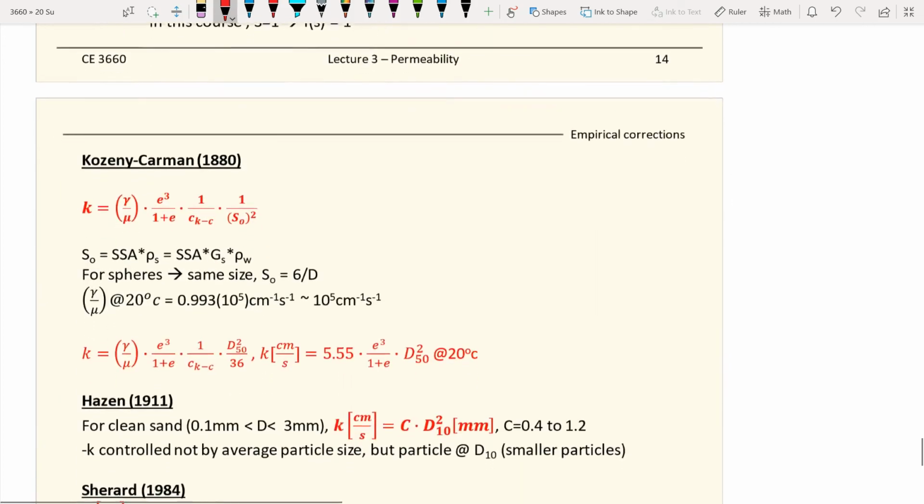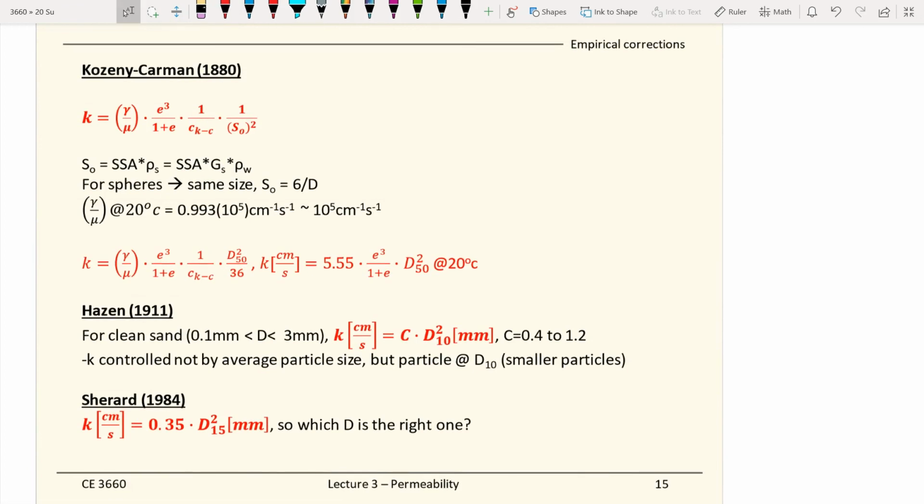And there are some existing correlations available for when you're practicing in the future, if you are short on budget, you don't have the money to do the lab testing or the field testing. Field testing is very expensive, but it is a better way to do it. Actually, it's better than lab testing.